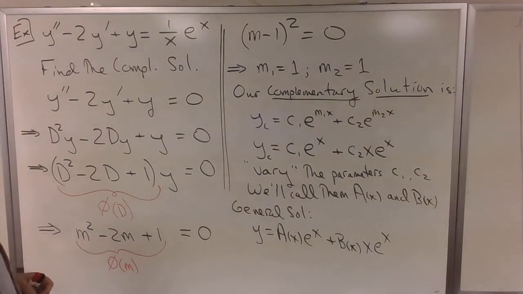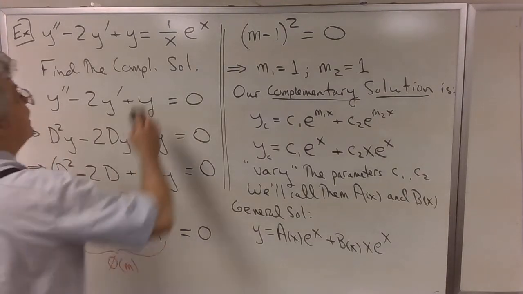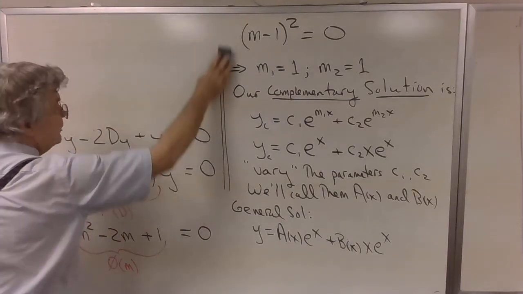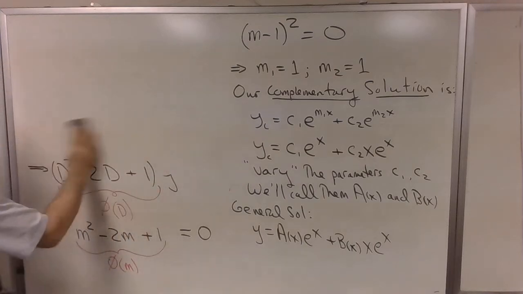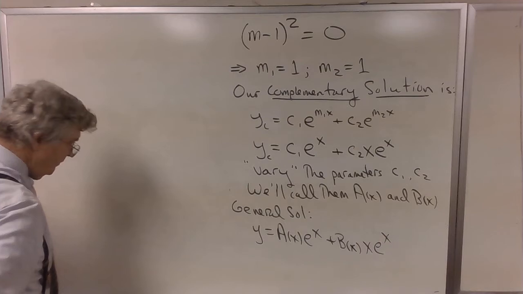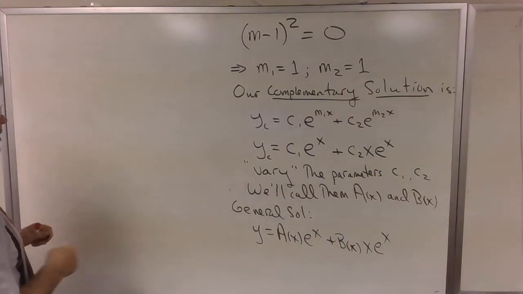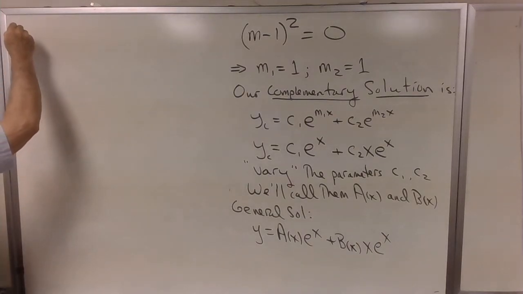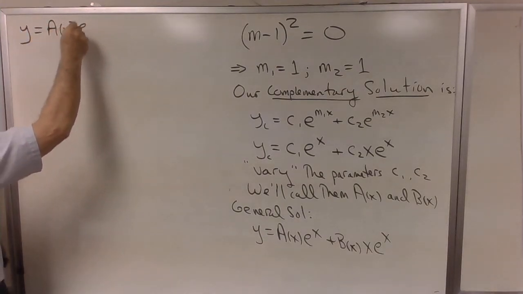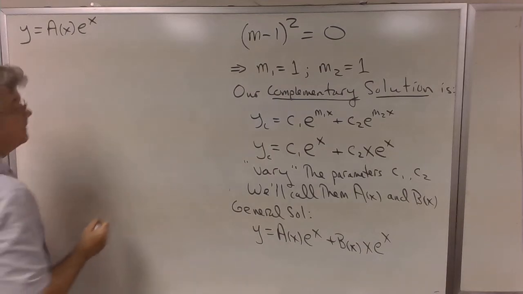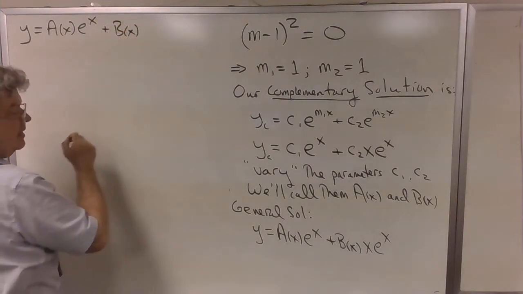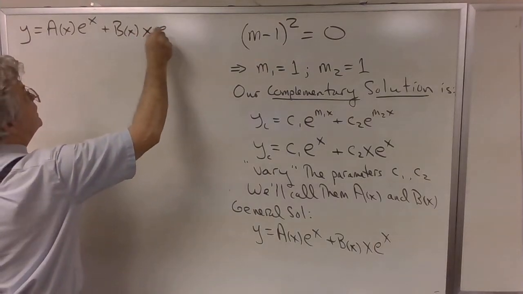So first, I'm going to have to compute y prime and y double prime. Just so I don't lose my y, I'll write it up here. y equals a of x e to the x plus b of x x e to the x.